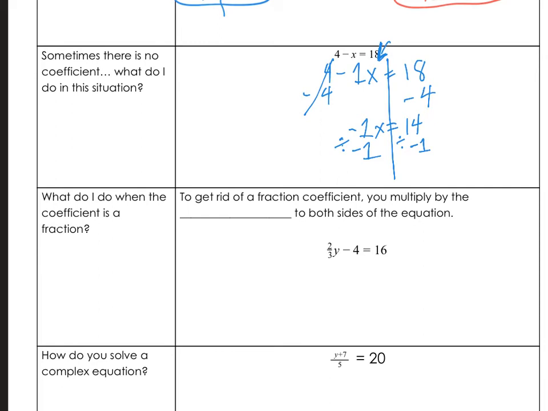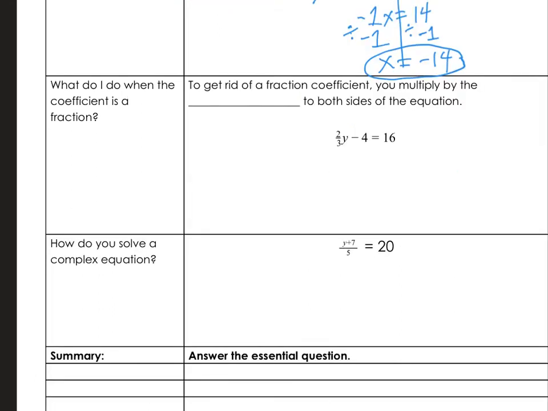And when I do that on the left-hand side, I get x by itself. And on the right-hand side, I get -14. Again, if you have extra time, it would be great for you to check your work by plugging -14 in for x in the original equation.